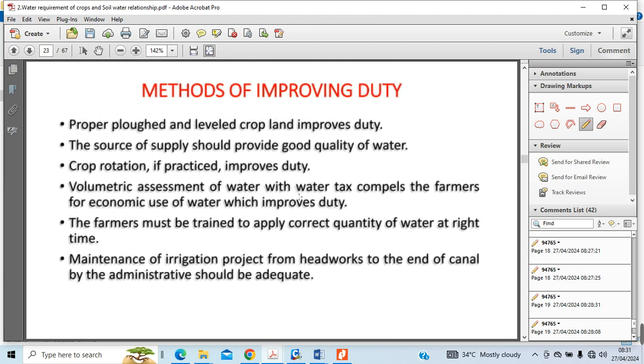Volumetric assessment of water with water tax compels the farmers to use water economically, which improves duty. The farmers must be trained to apply the correct quantity of water at the right time. Maintenance of the irrigation project from headworks to the end of the canal by the administration should be adequate.